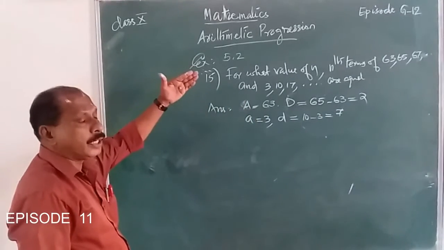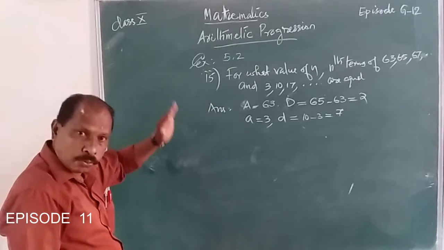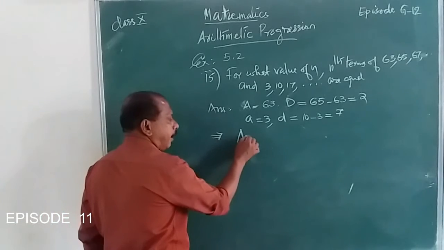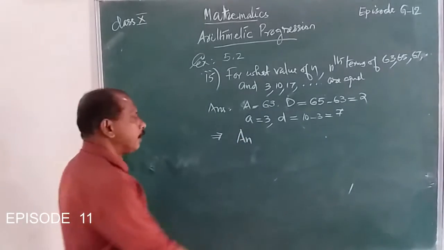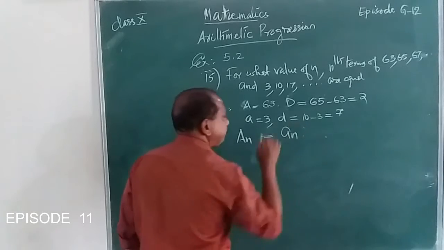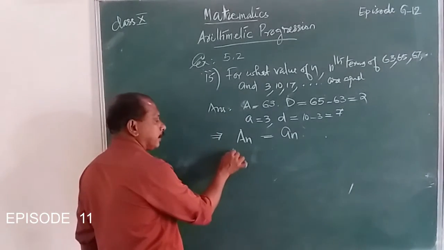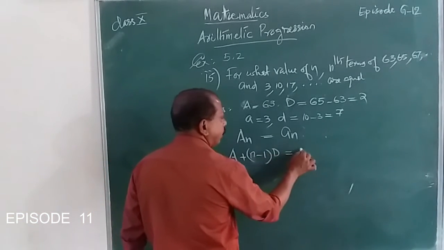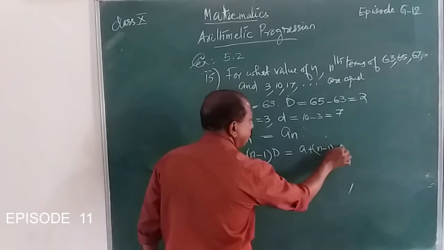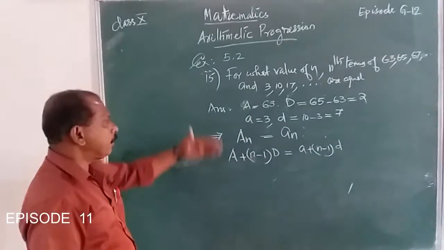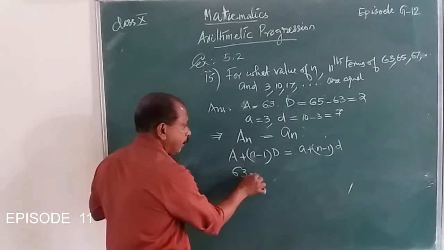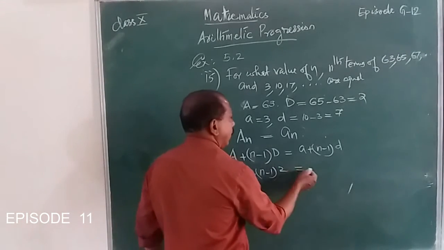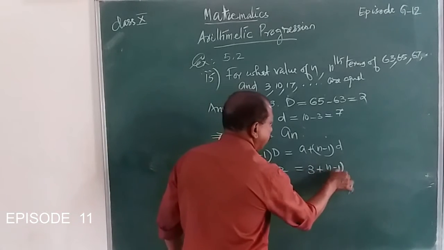We know that the nth terms of these two progressions are equal, which implies capital A_n, the nth term of the first, is equal to small a_n. Then A plus (n minus 1) into D is equal to a plus (n minus 1) into d. So 63 plus (n minus 1) into 2 is equal to 3 plus (n minus 1) into 7.